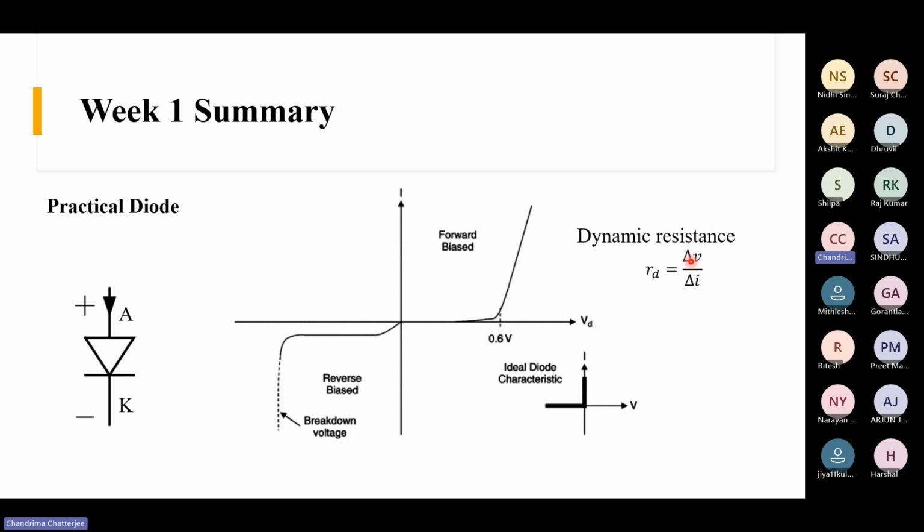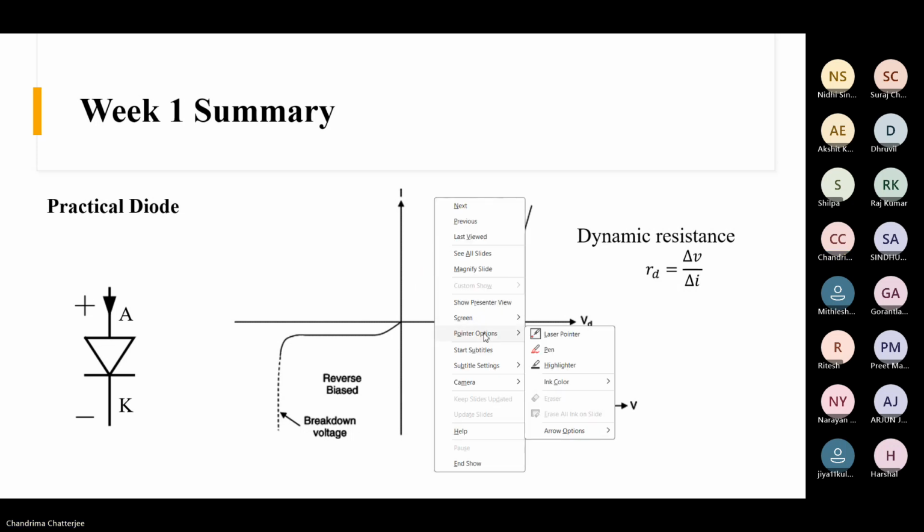But for our ease of calculation and understanding, what we usually do is an approximation. What approximation? Instead of this characteristic, we assume a piecewise linear model. What is the piecewise linear model? I will try to show you.